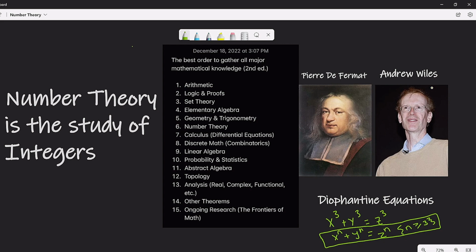He did it in the 90s when I was a small child, and discovered the proof, which is called the modularity theorem.